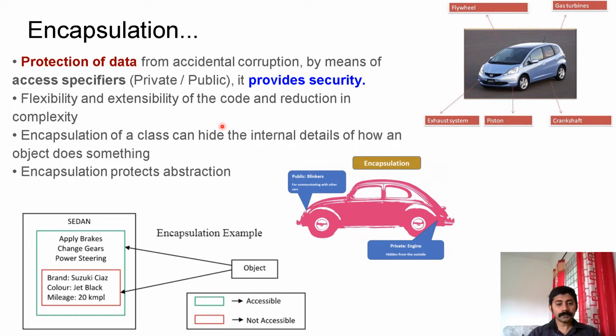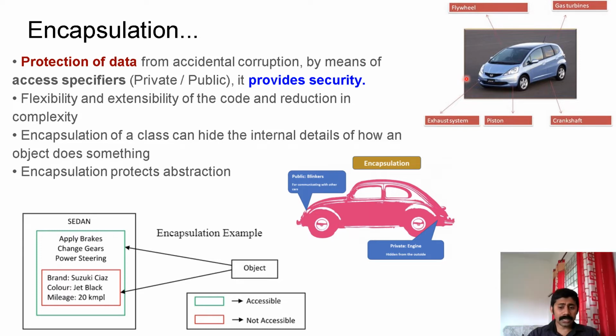Encapsulation is at the implementation level where you are hiding the things which are not necessary by means of access modifiers. Let us consider the case of a car. For a car, there are engine, a lot of internal things: exhaust system, piston, crankshaft, gas turbine, flywheel. All these things are hidden or protected from the outside world by means of the body. So these things are protected or hidden from the outside world or from the public. So this is encapsulation.